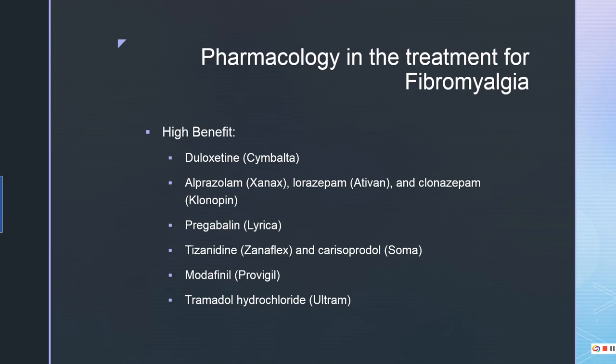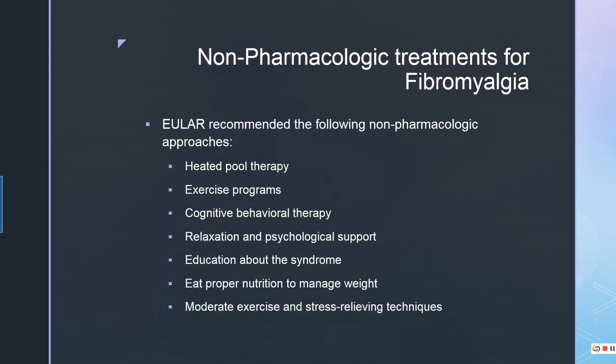The following medications were considered high benefit by the members: duloxetine to decrease pain, alprazolam, lorazepam, and clonazepam, which all help with sleep, pregabalin to improve pain relief and sleep, tizanidine and carisoprodol as skeletal muscle relaxants, modafinil used to improve daytime alertness, and tramadol hydrochloride, a pain reliever. All of these pharmacological agents have side effects, but the members thought that the benefits far outweighed living with the side effects.